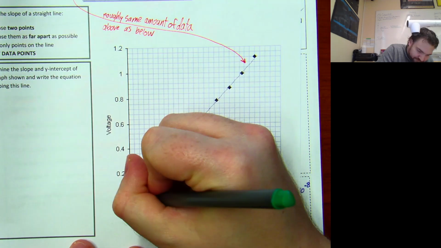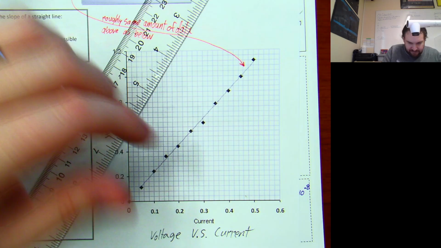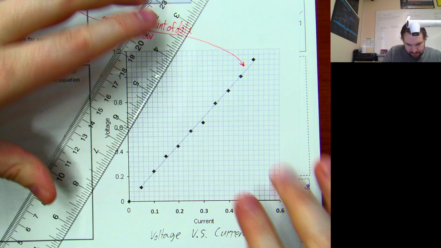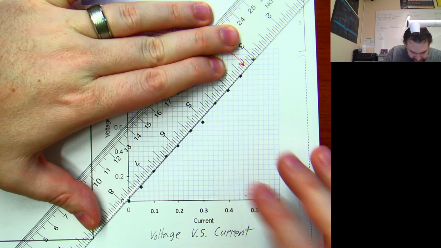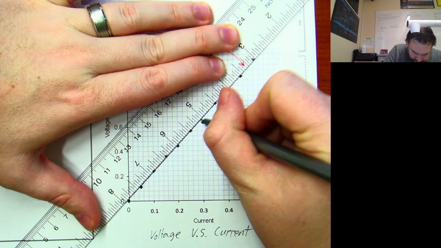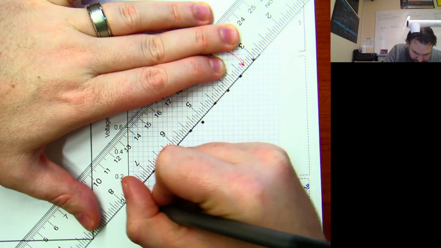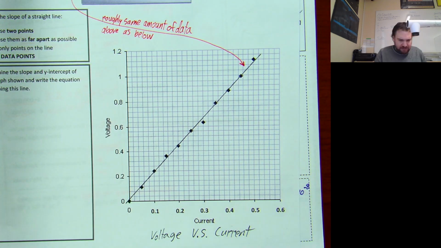And I've got a ruler, so I'm going to extend my line of best fit a little bit. See, my line of best fit doesn't necessarily actually go through that point. It almost goes through that point, but not quite.